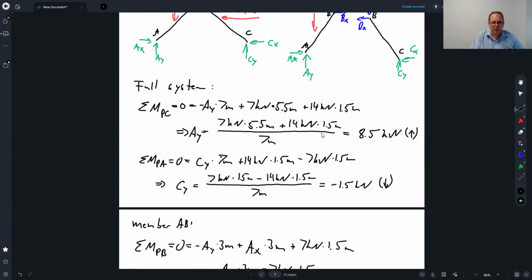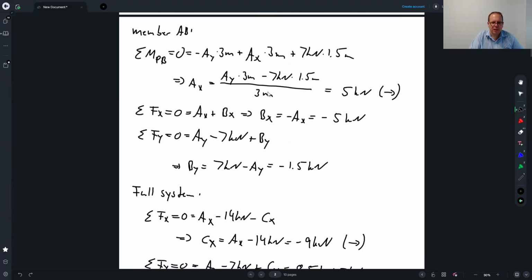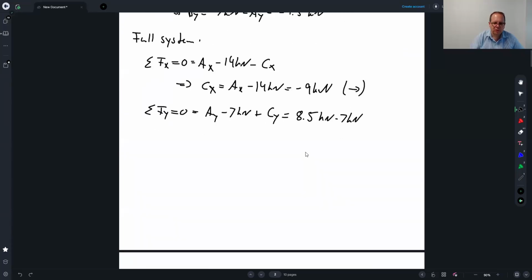AY is somewhere up here, 8.5 kilonewton, minus 7 kilonewton, plus CY. Where's my CY? CY is minus 1.5 kilonewton. And that's equal to 0. So this gives us some confidence.